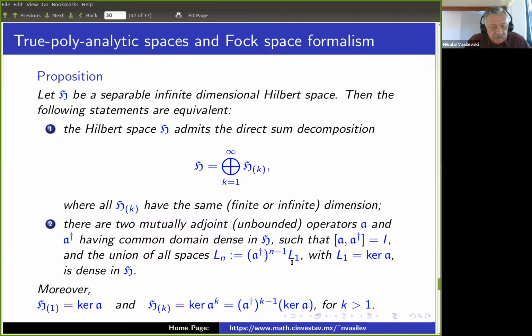Moreover, in this abstract situation, the abstract true spaces are either the kernels of the operator A to the power k, or the images of the powers of A dagger applied to the kernel of the operator A.